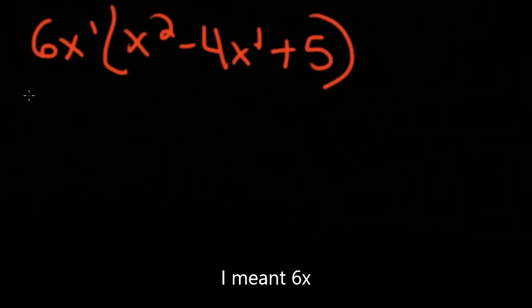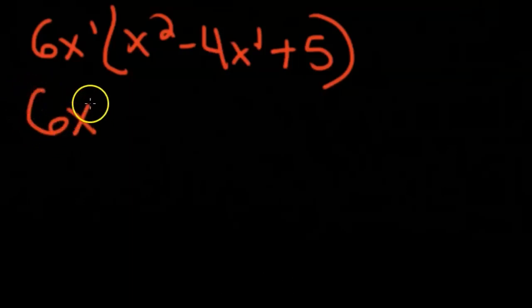Well, we multiply the 6x to the first power times x squared. So we get 6x to the third power. Now let's multiply 6x to the first power times negative 4x.